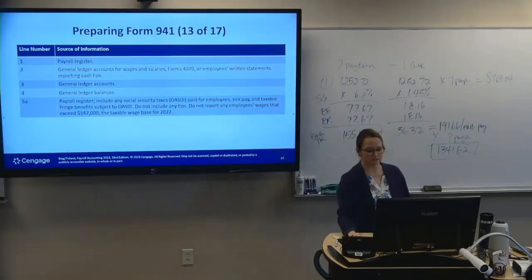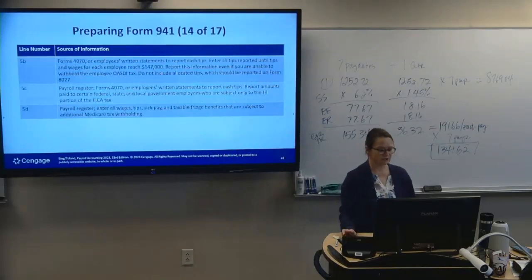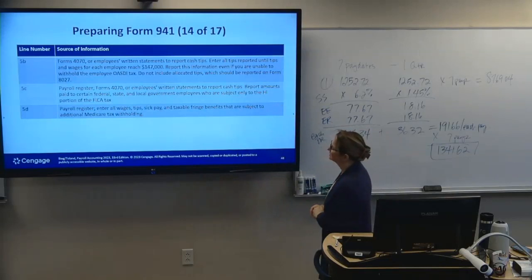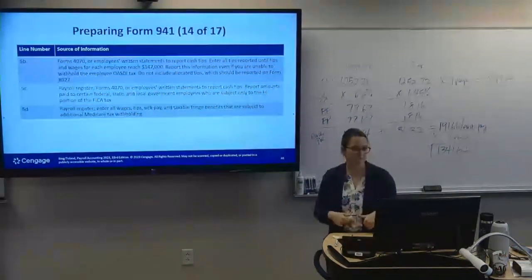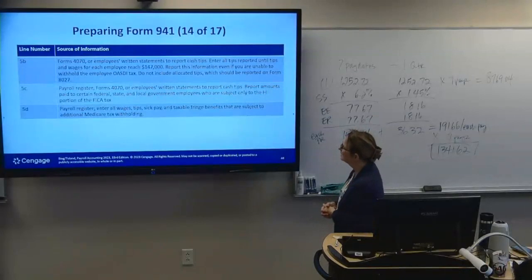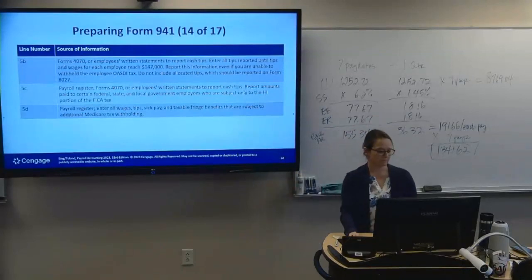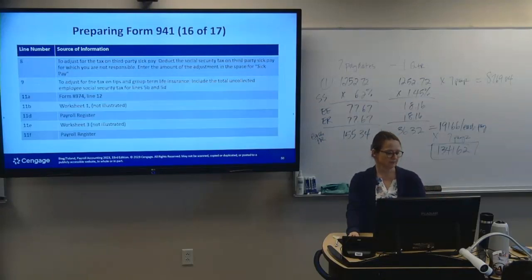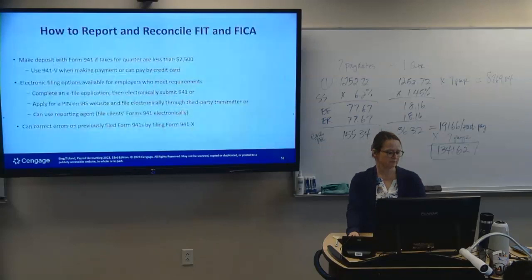But this is just telling you exactly where some of that information would come from. So if there were tips, it would come from those forms 4070, where the employees reported what those tips were. So this is going through each line on that form where you would get that information from. Okay. I'm not going to go through all of that.